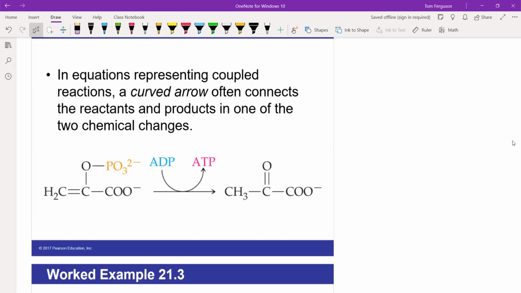Now, this is another way. What they're talking about here is this curved arrow means that this reaction happens at the same time. This is very common in pathways.